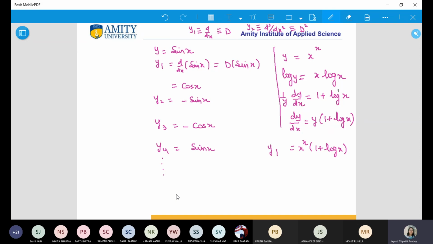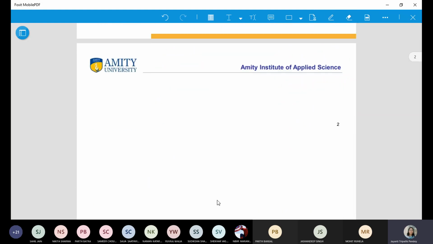I'll give you one more question. Suppose you have, this question is also from NCERT only, so you are familiar. y is equal to, do you remember this?